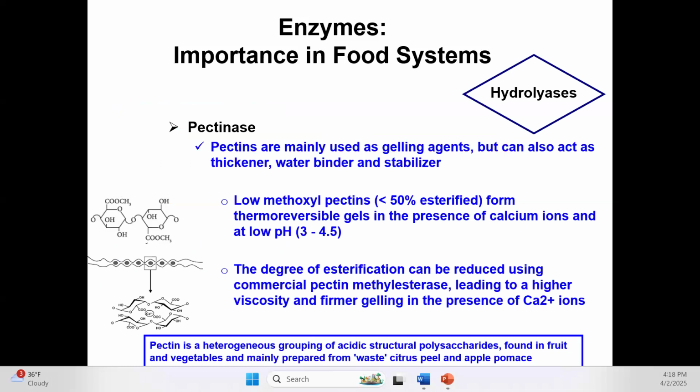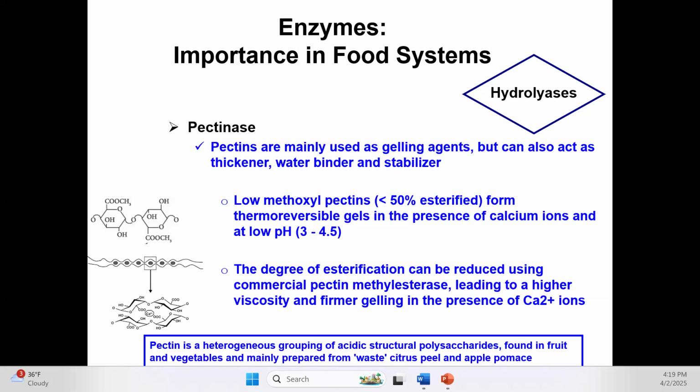So pectinases are important for different applications. You have different classes of pectinases. If you remember, pectin has glucuronic acid groups. Some of these have a methoxy group attached, and some have a COO minus.